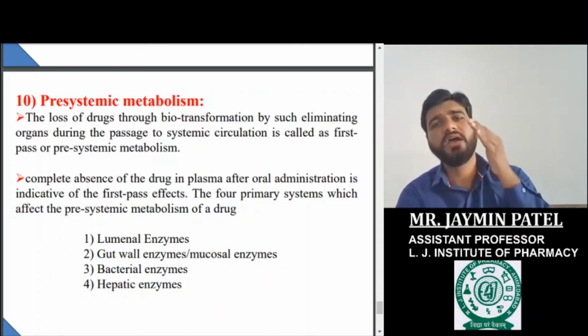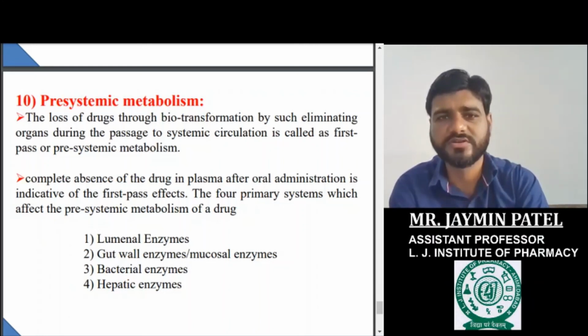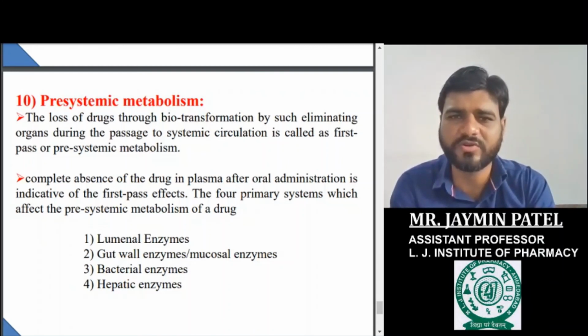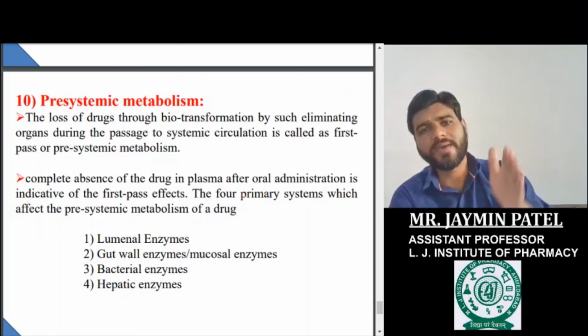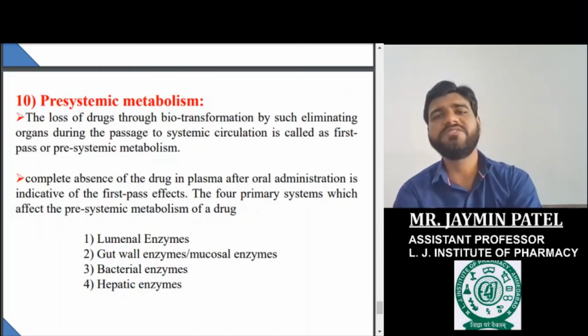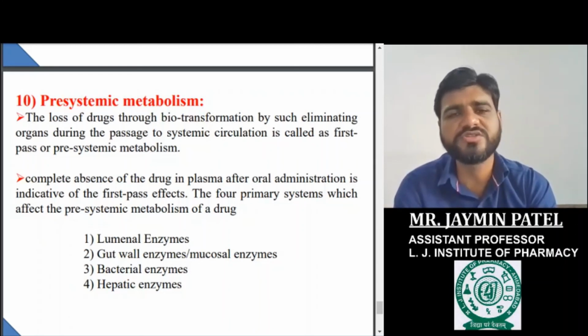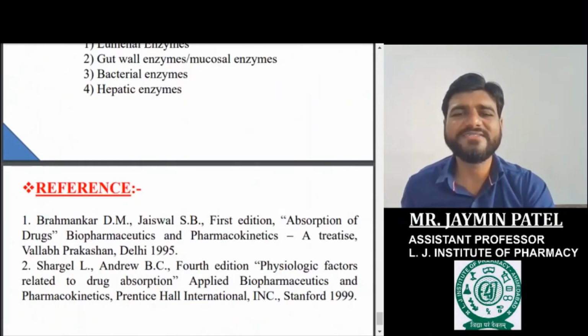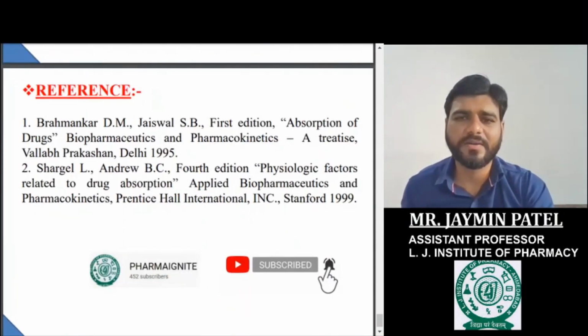These enzymes degrade the drug molecules and metabolize them before entering the systemic circulation, before the absorption process. So the bioavailability of the drug molecule may be influenced by this process. Here our factors affecting absorption is completed.